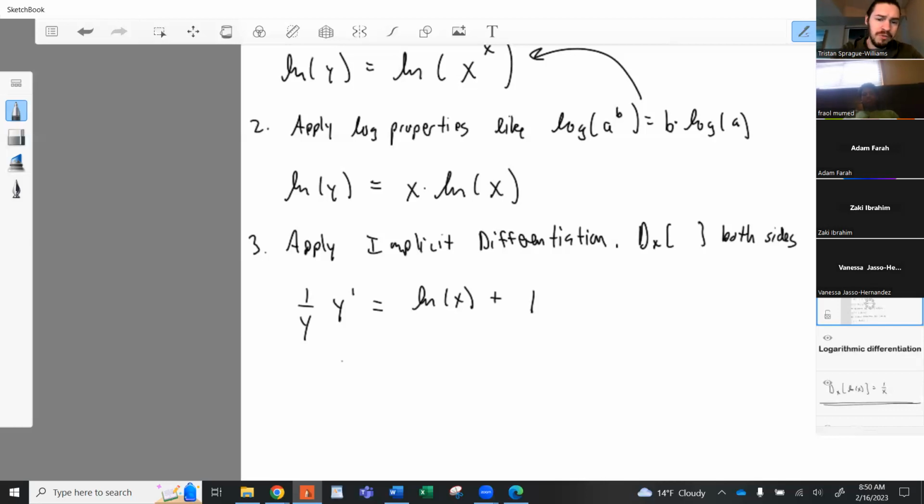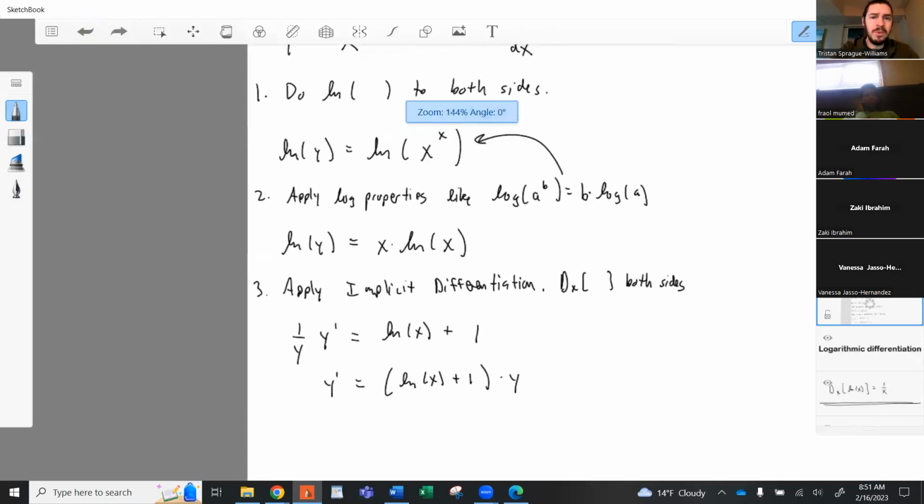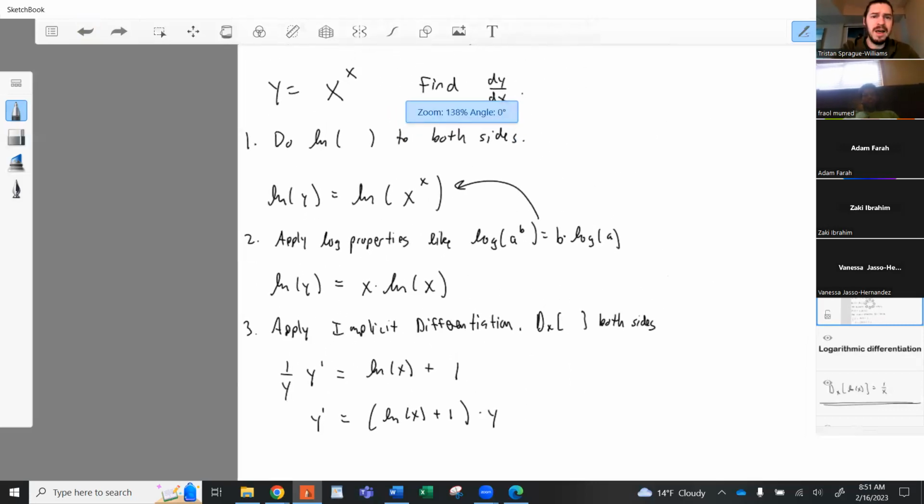But now to solve for y prime, we have to multiply both sides by y, right? So times y. There we go. And that like moves this over to here. And then we can say, okay, we've almost got our answer, except that y was equal to x to the power x originally, right?